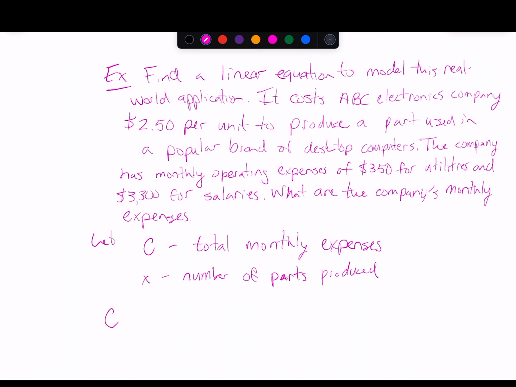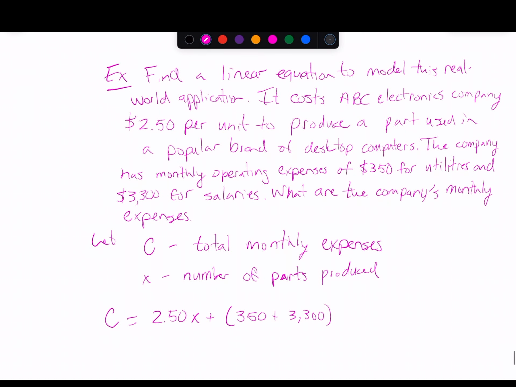So the total cost is equal to the cost per unit, which is $2.50, times X, plus the constant values we have, 350 plus 3,300, which we can add together. We get 2.50x plus, what is 3,300 plus 350? Well, that's just 3,650.